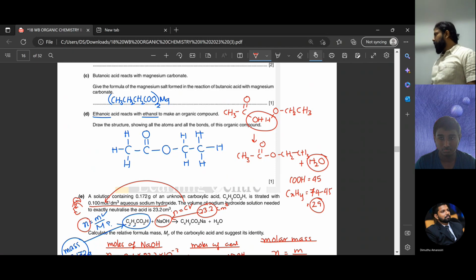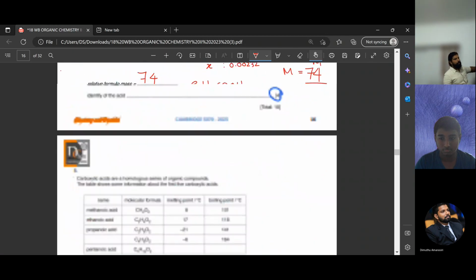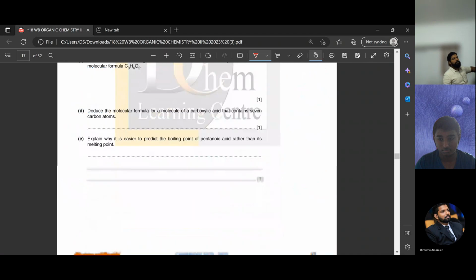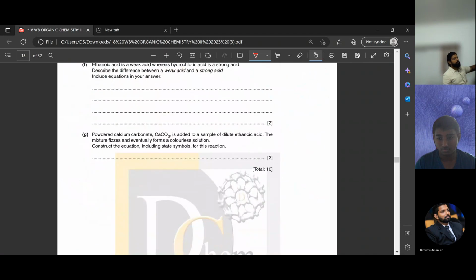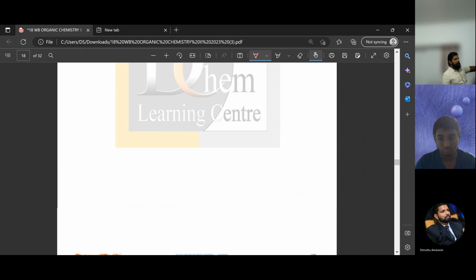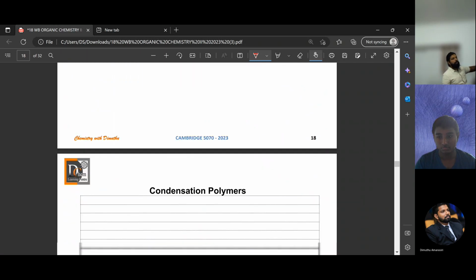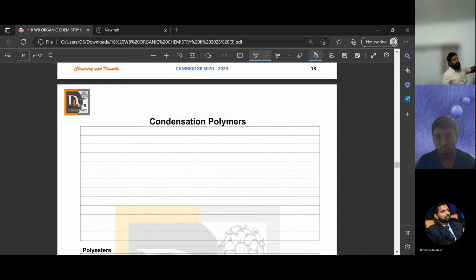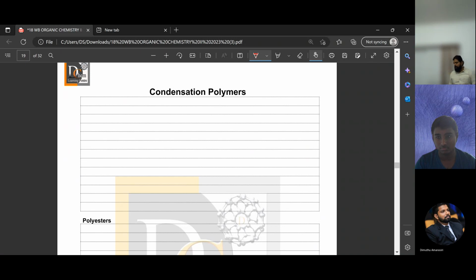So that's the esterification reaction and it's a condensation reaction. Okay, so let's move into the condensation polymers now. We did the recap, so let's move.